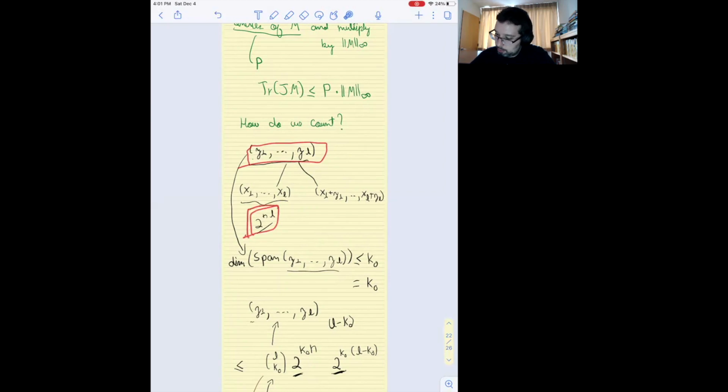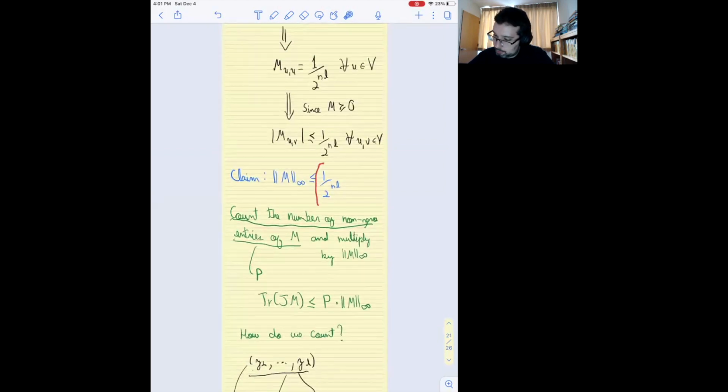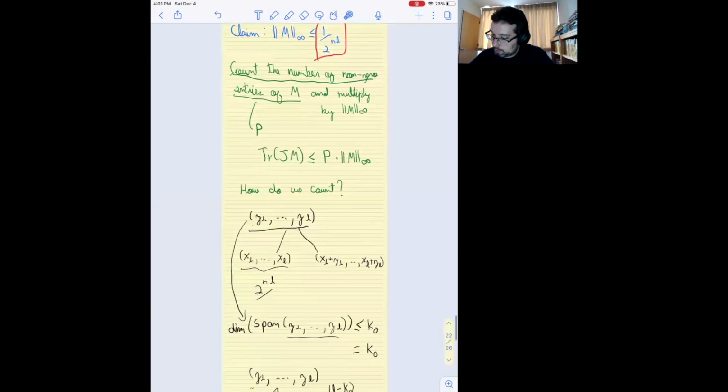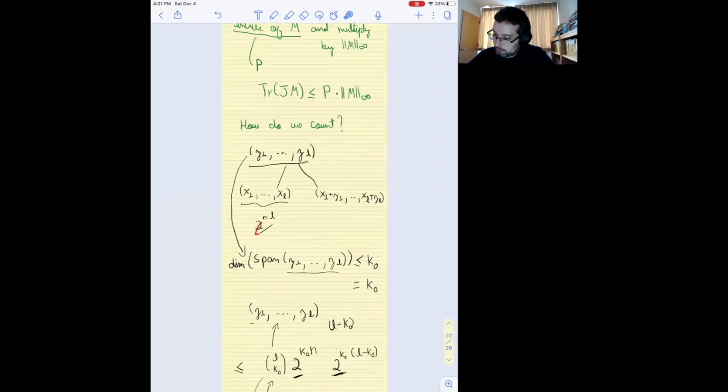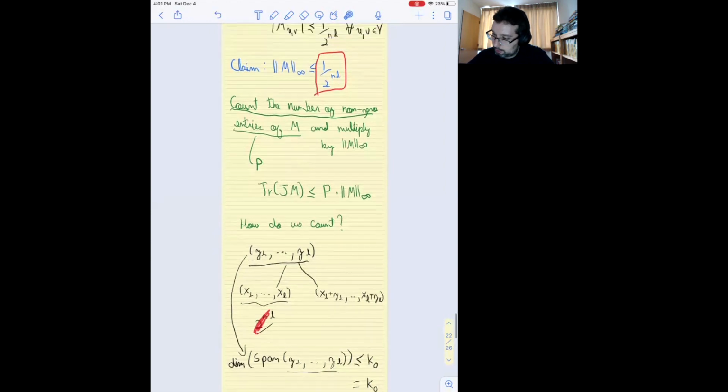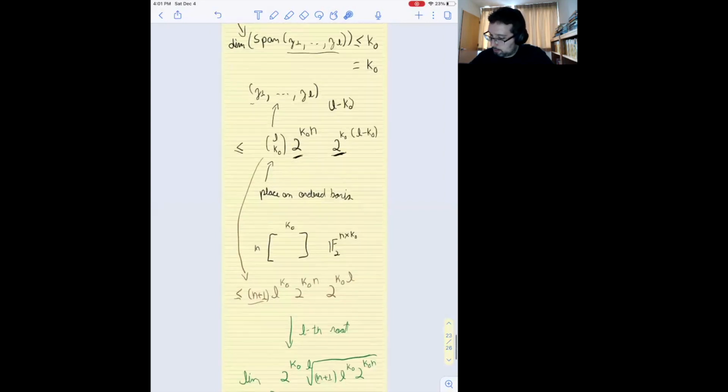But the 2 to the NL ways is going to cancel with the infinity norm bound that we have in the matrix. As we have shown, it's 1 over 2 to the NL. So it cancels perfectly. The number of pairs, 2 to the NL, cancels with the infinity bound.